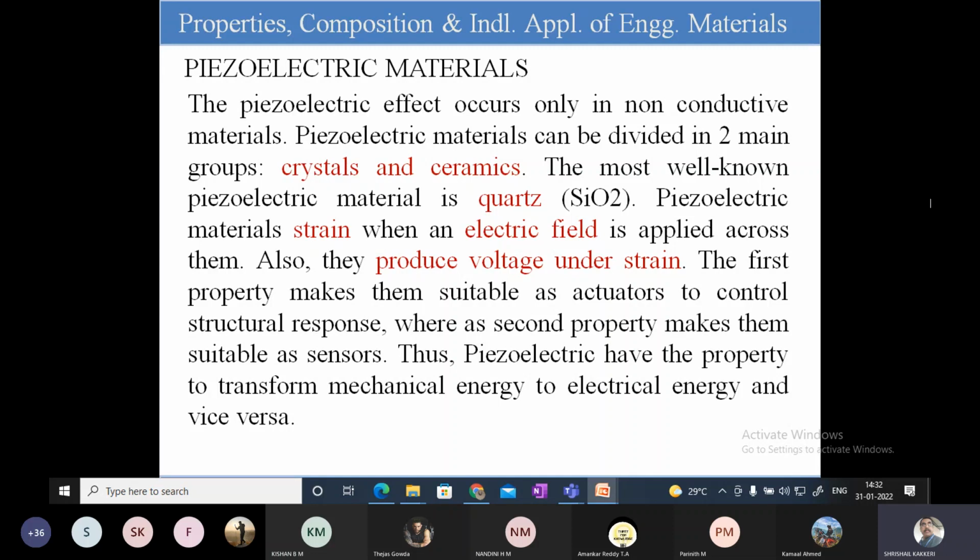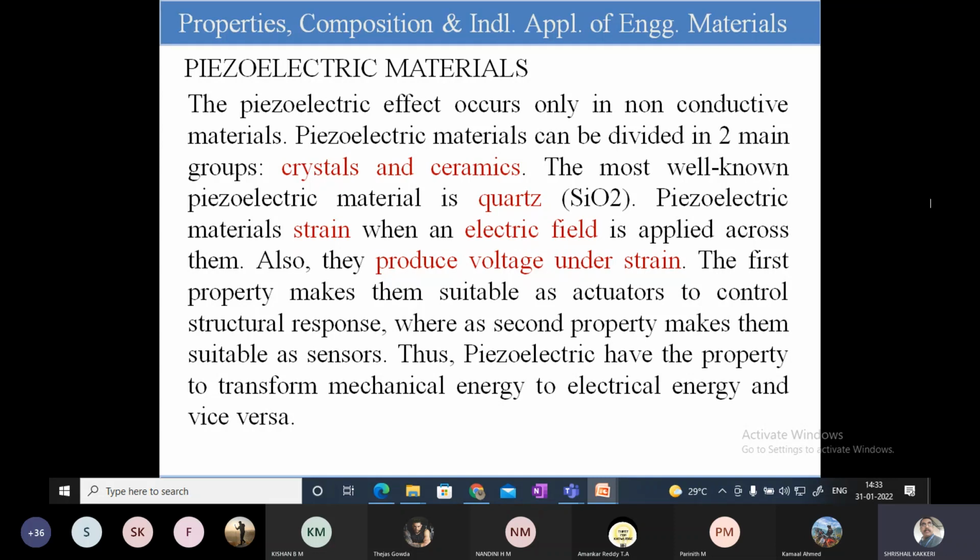You have seen the JCB and all, where pneumatic or hydraulic cylinders are there. That is a hydraulic actuator. Like that, an actuator is one which gives you a mechanical output by taking some other form of input. Here the input is electrical and the output is mechanical. So these crystals or piezoelectric materials are quite suitable to be used as actuators, for MEMS and nanorobots and all.